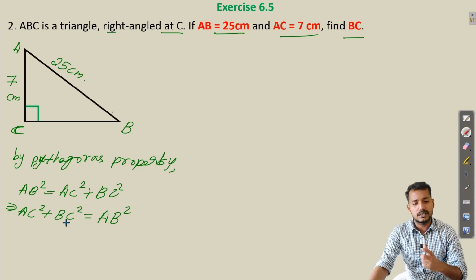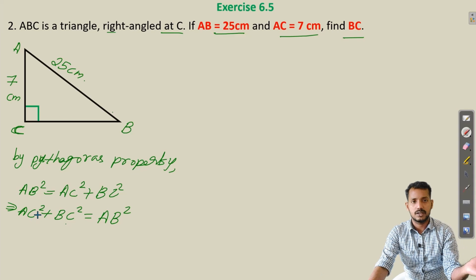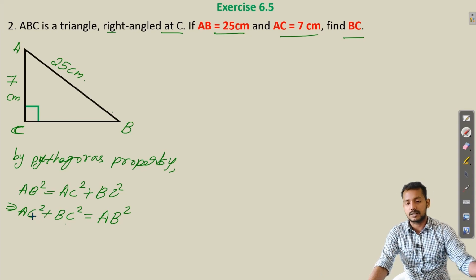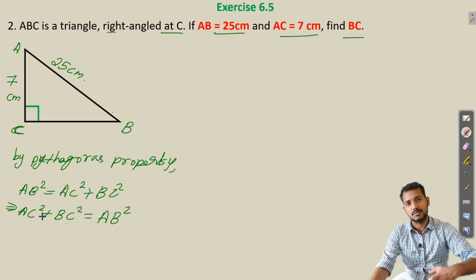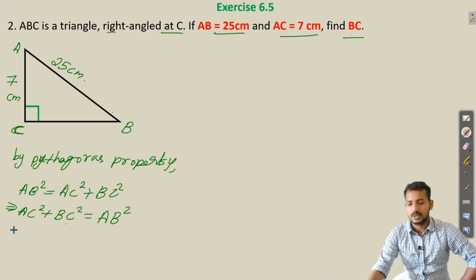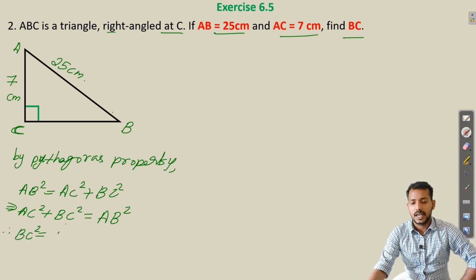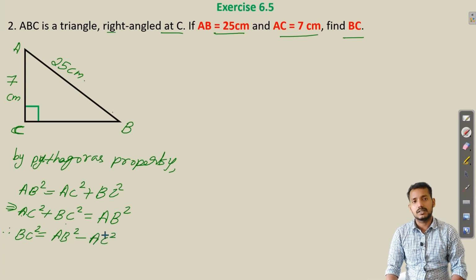We have to find BC square, so we need to separate AC square from the LHS by transposing it to the RHS. Same as solving a simple equation. Very simple. So therefore we can say that BC square is equal to AB square minus AC square. That is a simple thing you have to remember.